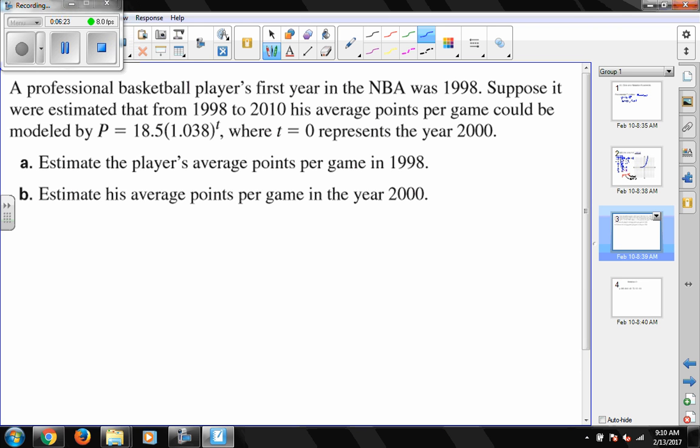The first thing we want to look at is, and I'm going to do everything for part A in blue, how many years after 2000 is 1998? Well, it's 2 years before. So our T value is going to have to be -2.